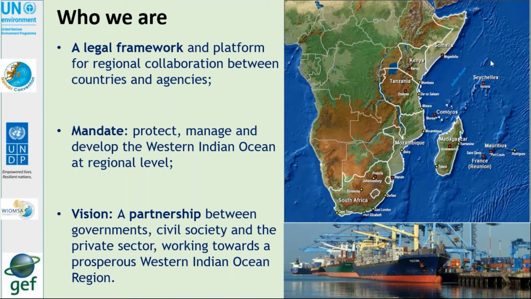So working with those 10 countries towards a common vision, that it is a partnership between governments, civil society and the private sector, working towards a prosperous Western Indian Ocean region.